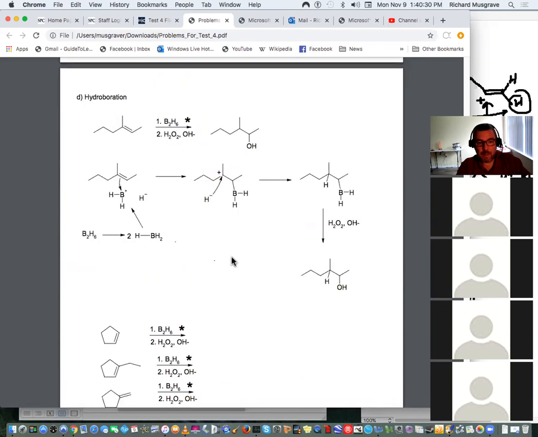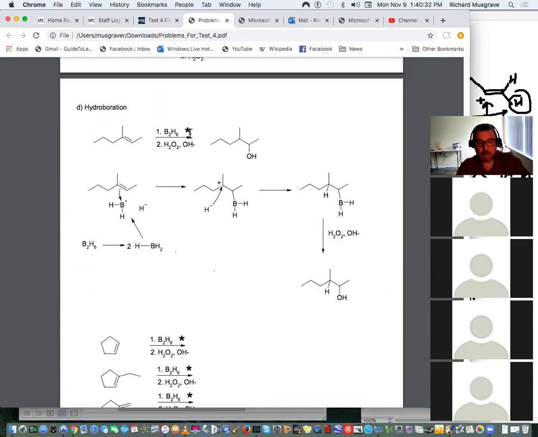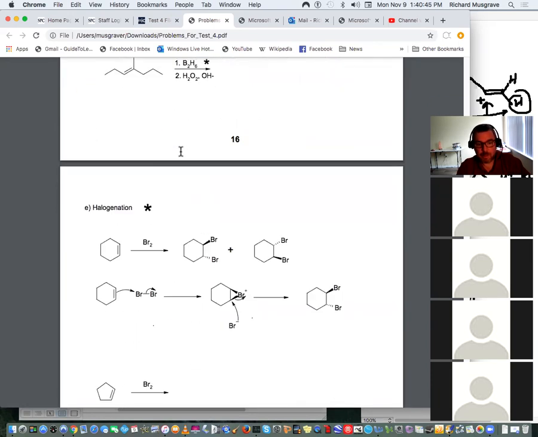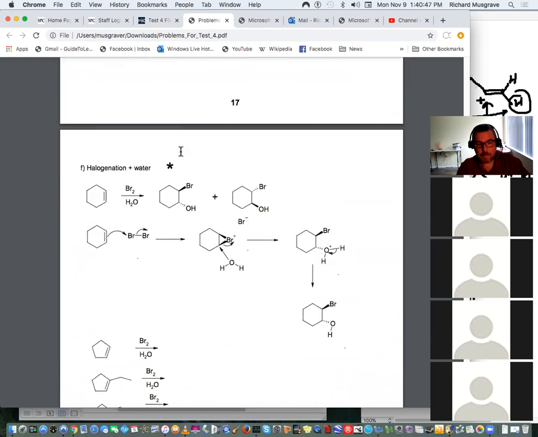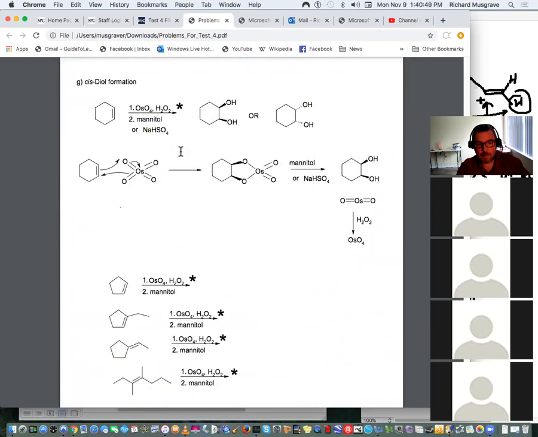You'll notice for some of these, I have a star on one part of it. If you want the bonus credit, then you'll do the ones with just the star here. See, I don't require a mechanism for part 2 on this one, for example. Likewise here on the cis diol formation, that one is only the top one that's starred.